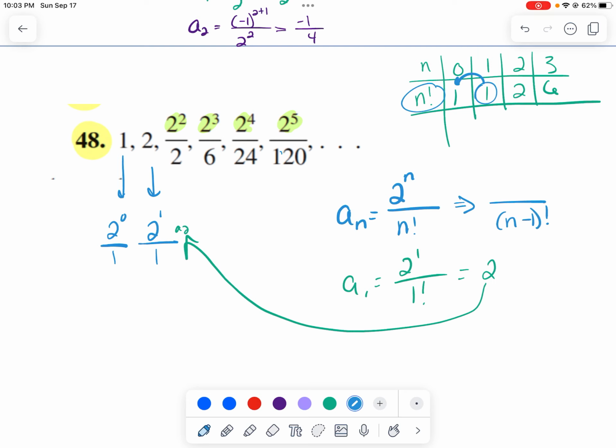We're going to put the entire n minus 1 to the factorial because we're moving back one space in that pattern, okay? And then you actually need that to happen for the top as well, for the numerator, because we wanted to start with 2 to the 0th power, right? And we started with 2 to the first here. So if I'm going to do that with 2 to the n, that's 1, 2, 4, 8.